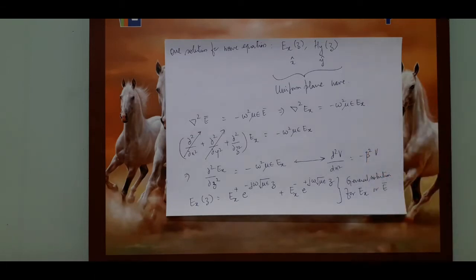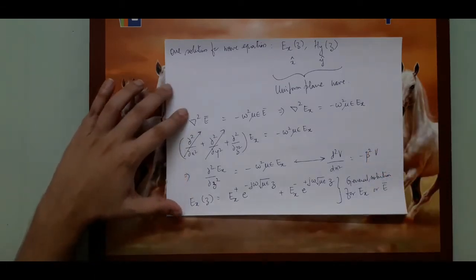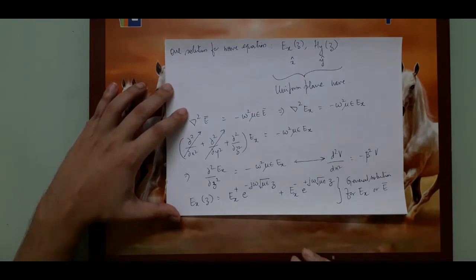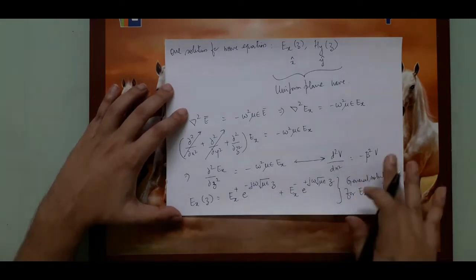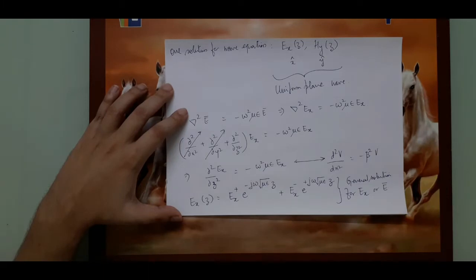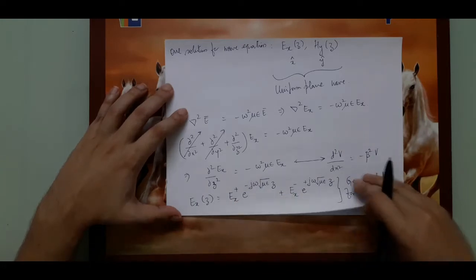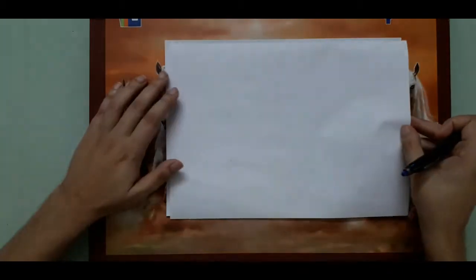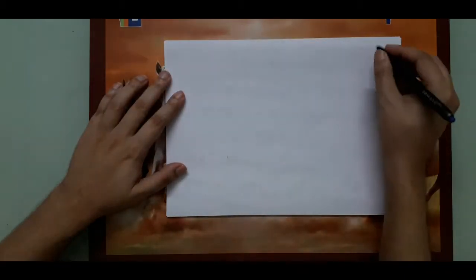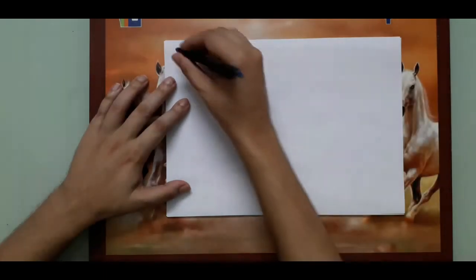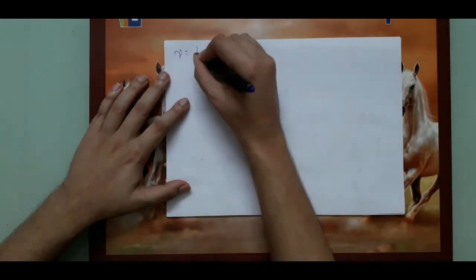Now what we can say is that, just like how we had analyzed different quantities of a transmission line, let us now do the same analysis for this wave. Now, in general, if you remember, for the transmission line, gamma was alpha plus j beta.